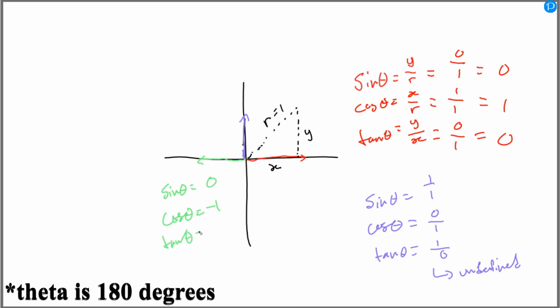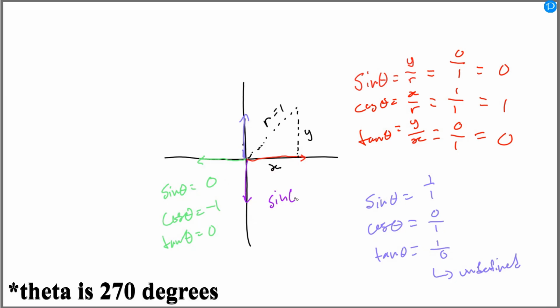Tan theta will equal 0 again. And then this axis here, sine theta will equal -1. Cos theta will equal 0. And tan theta will become undefined again.